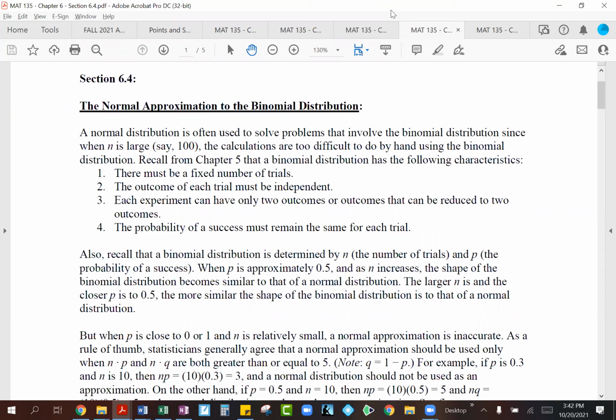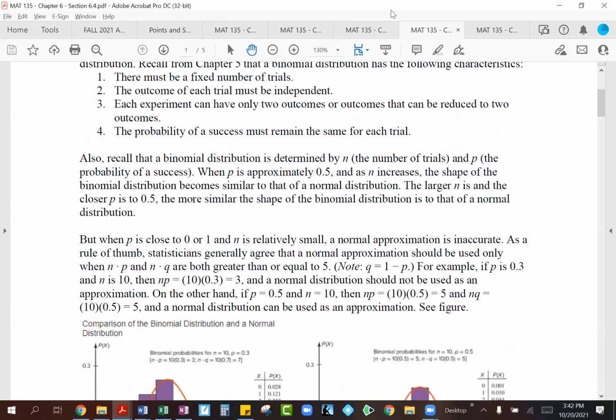So with your coin flip, if you were looking for heads, the heads would be the success. And if you did not land on a head, which means you landed on a tail, that would be your failure. So two outcomes. And then your probability of success has to remain the same. So these four properties or characteristics have to be satisfied with your binomial distribution.